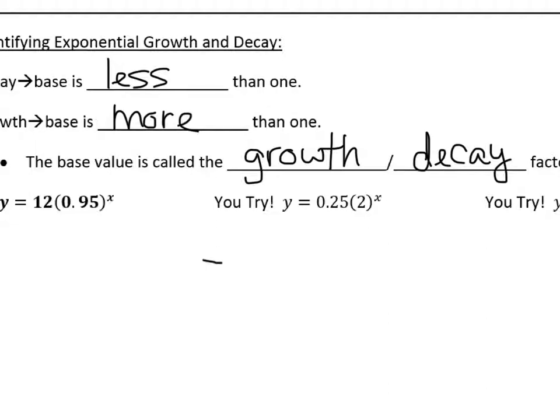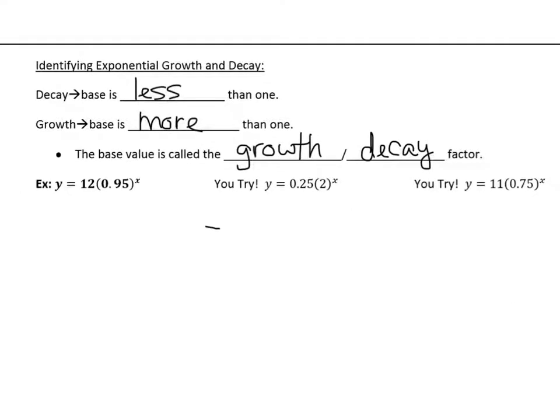And it is the number attached to the exponent, because that's the base. So the number on the outside of it, this number right here, that does not have anything to do with whether it's a decay or growth. It's only the number attached to the actual exponent here. So I'm looking at 0.95 is my base, and that number tells me if it's decay or growth. Since 0.95 is less than 1, this is an exponential decay.